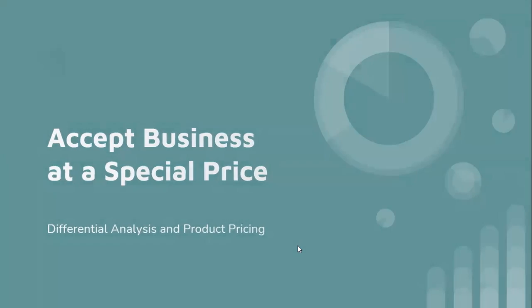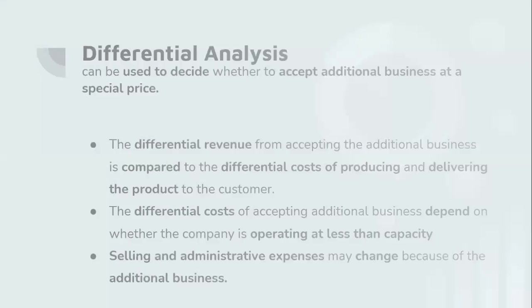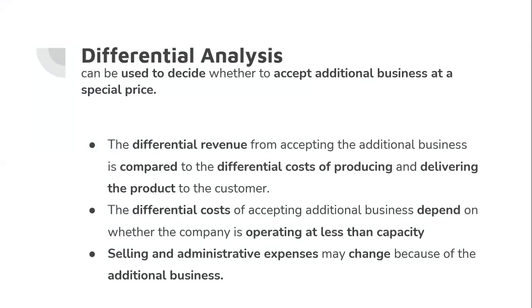A company may be offered the opportunity to sell its product at prices other than normal prices. Differential analysis can be used to decide whether to accept additional business at a special price. The differential revenue from accepting the additional business is compared to the differential cost of producing and delivering the product to the customer.